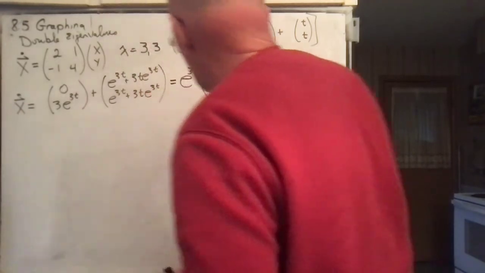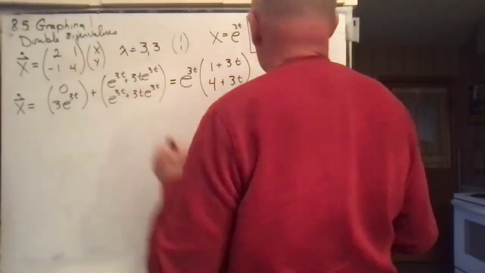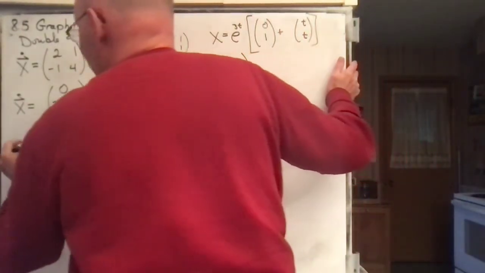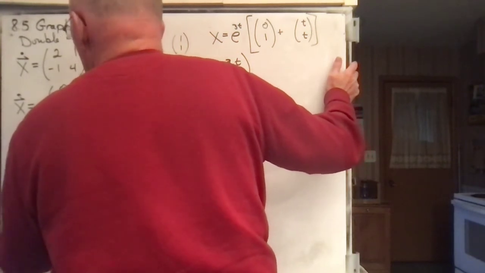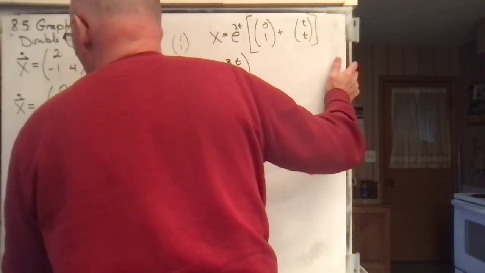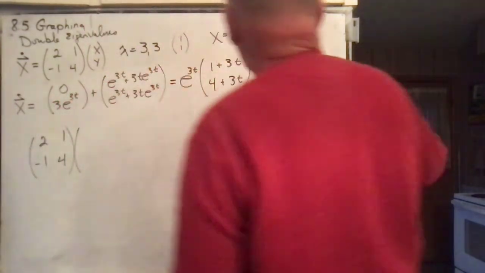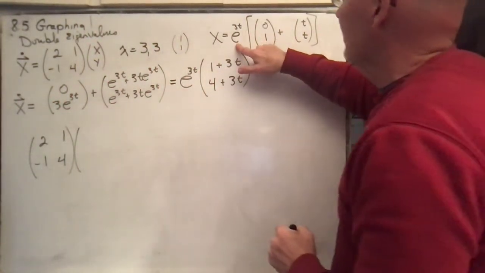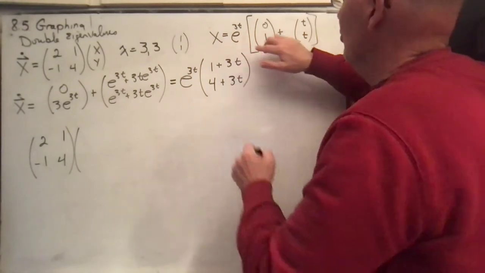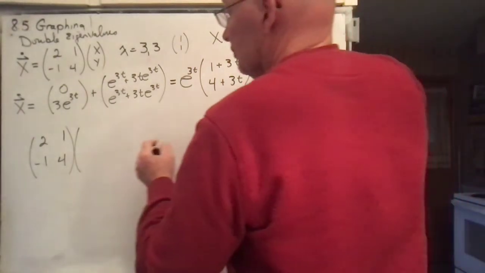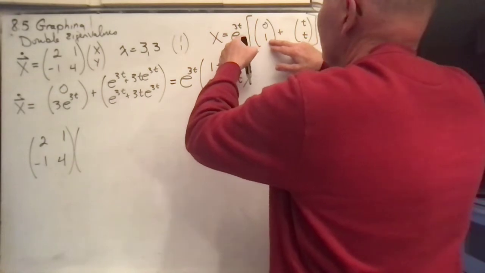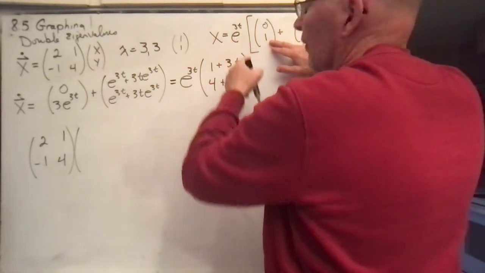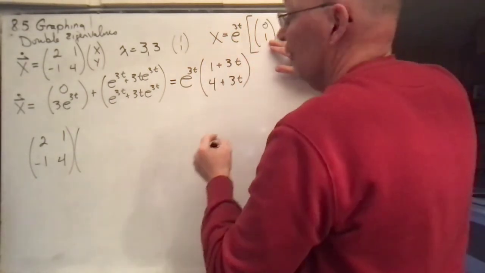Now, let's do this to it. What does that say to do? It says to take 2, 1, negative 1, 4. And what do I want to do? I want to take that thing and apply that to, let's see, first of all, this constant can come out front.